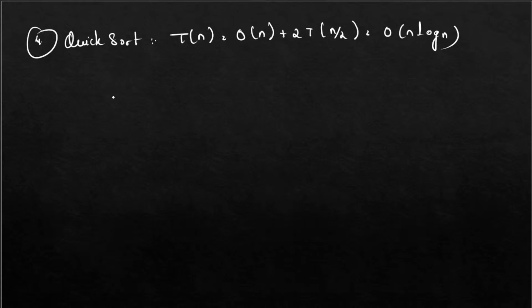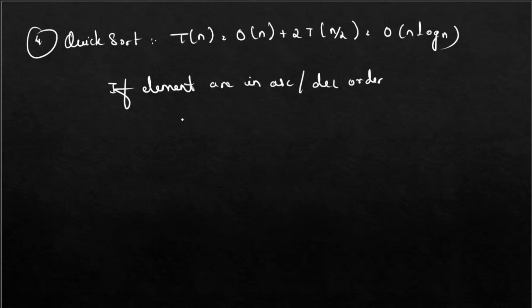So if elements are in ascending or descending order, then T(n) is equal to big O of n plus T(n minus 1). So which is big O of n square, and this is the worst case. So if in the sorted array you try to apply quick sort, then it will give you the worst case of n square.